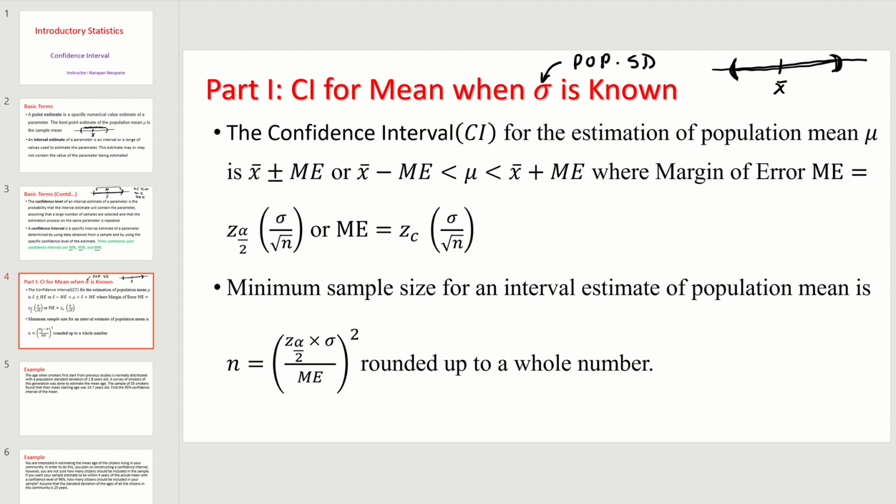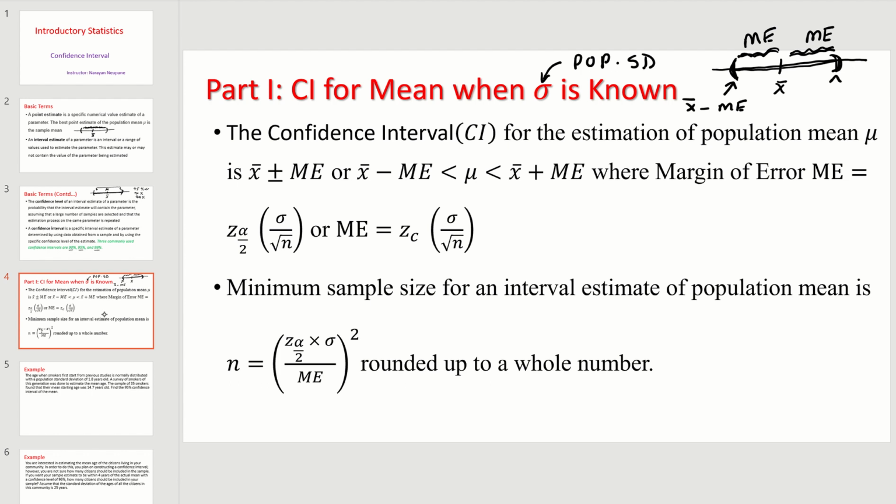Something which is less than the point estimate and something which is more than the point estimate, this value that we are adding on this side and subtracting on this side, this is called the margin of error. So if I want to find the confidence interval, the lower end of the confidence interval will be point estimate minus margin of error.